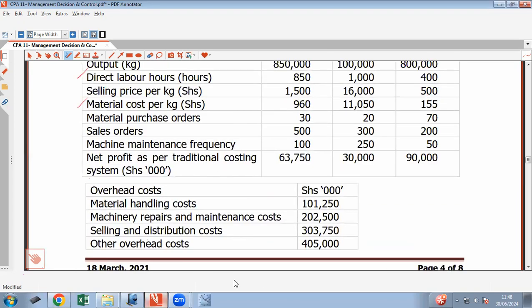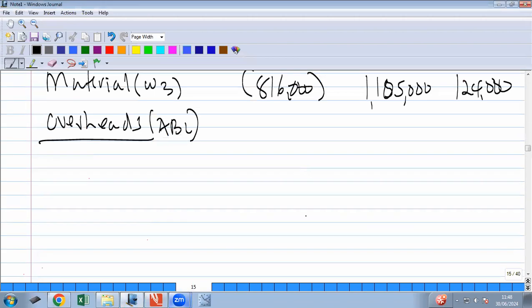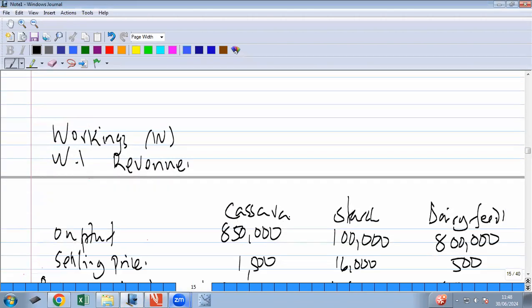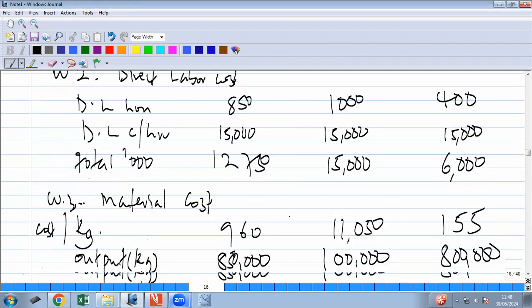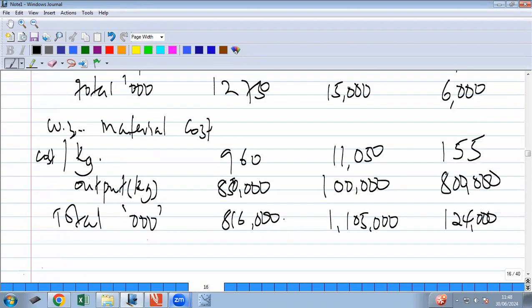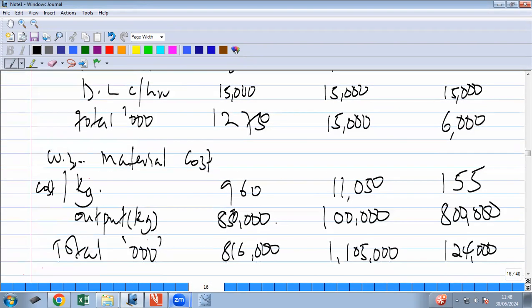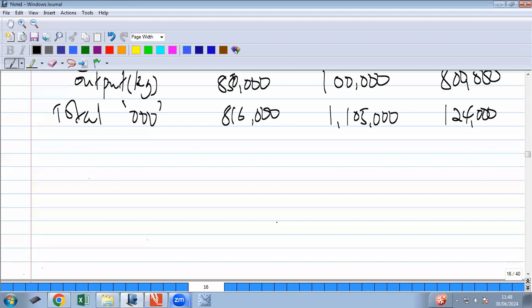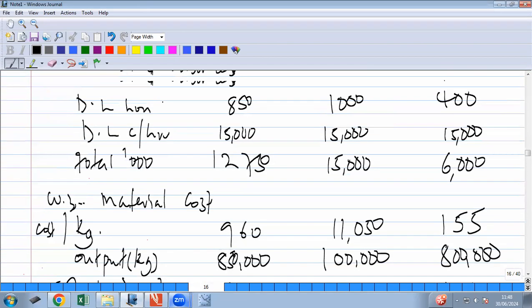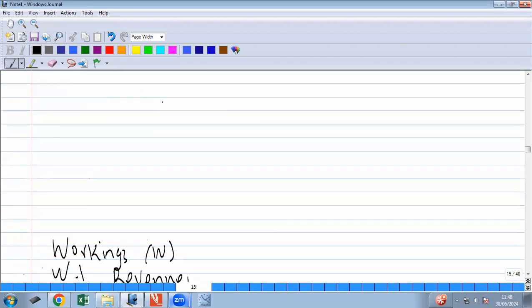So we can now allocate these overheads. We shall go to working number 3, right? 4. So we have working. Let us just first write these overheads here, because you need to write them.